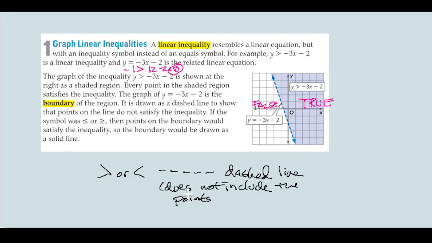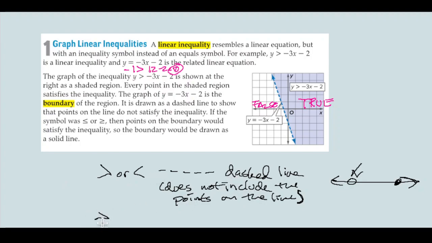This should remind you of when you were graphing them on a number line. We had either the open circle or the closed circle. The open one didn't include the point, and the closed one did include that point. So it's the same concept, except it's a line.